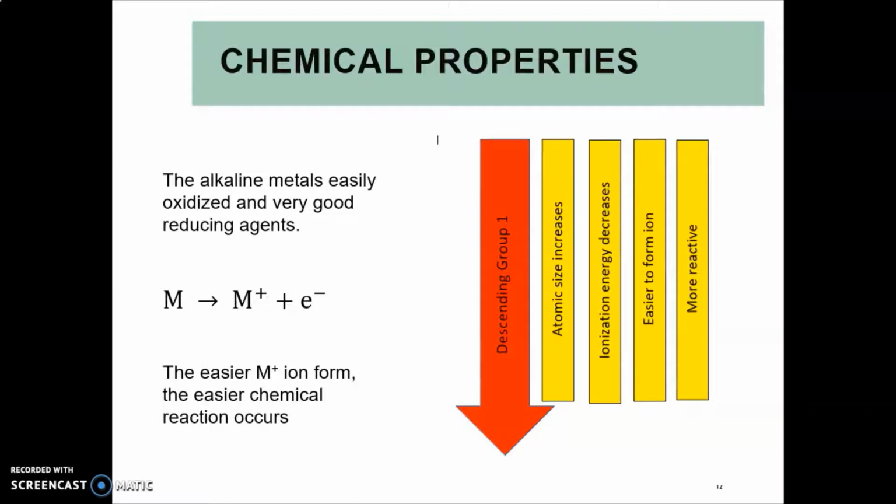The easier the metal ion forms, the easier the chemical reaction occurs. Descending group 1, the atomic size increases and the ionization energy decreases. Therefore, the element more easily forms metal ions and becomes more reactive.